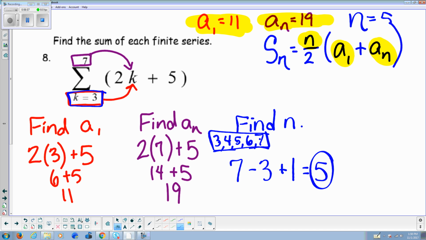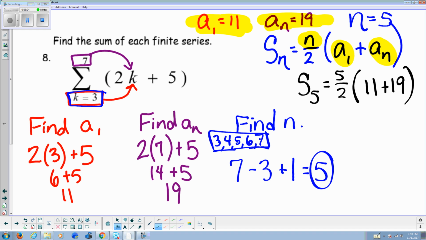Now that I know that n is 5, I'm ready to substitute all of those numbers into my formula and find the sum. So this is the sum of 5 numbers, where n is 5, a1 is 11, and an is 19.